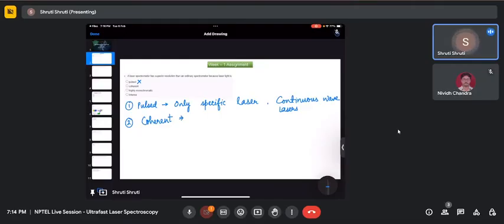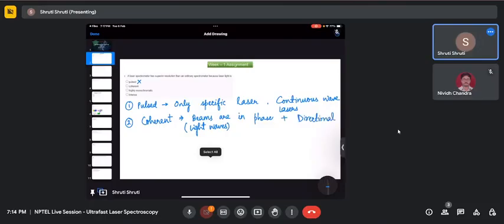The lasers are named after the wavelength which they emit. So this is a good property for a spectrometer, a fluorimeter, so that if you use a laser, you can directly excite at a particular wavelength. So this can be a reason.